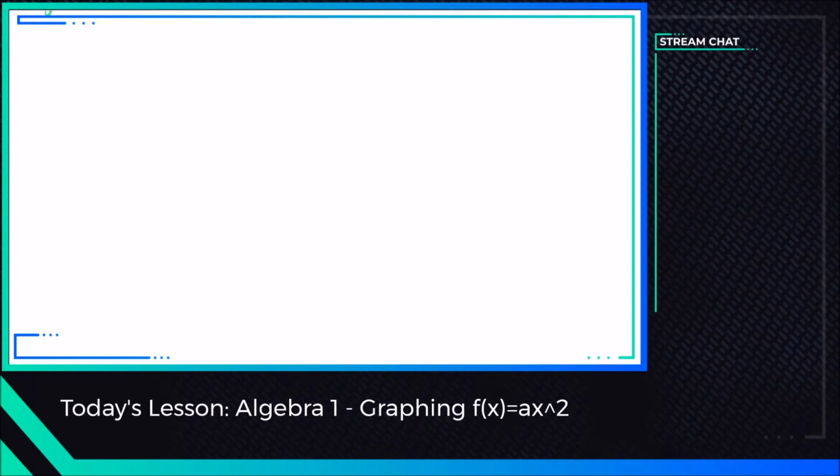Next, why don't we look at something a little different. So this is going to be the graph of h of x is equal to -1/3 x squared. So once again, we need to have a graph.